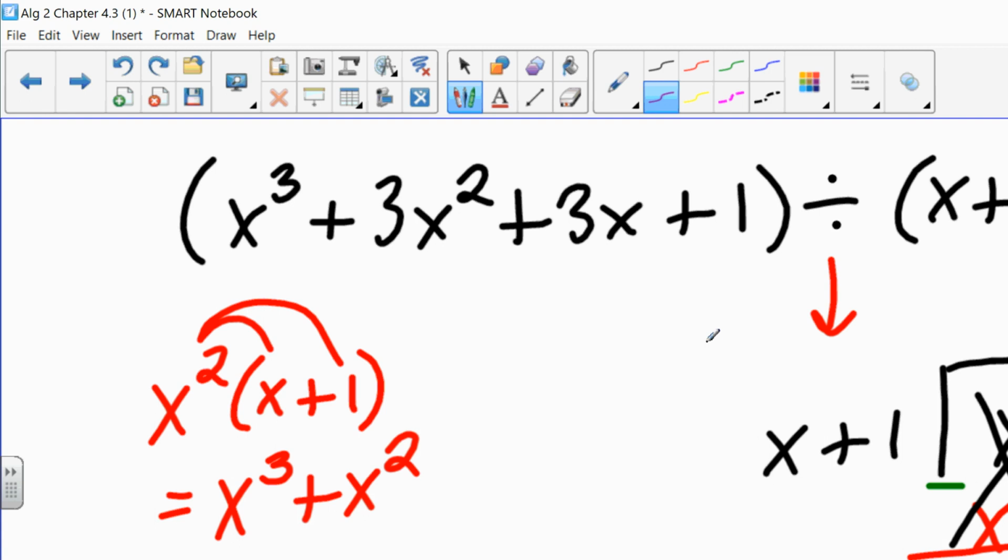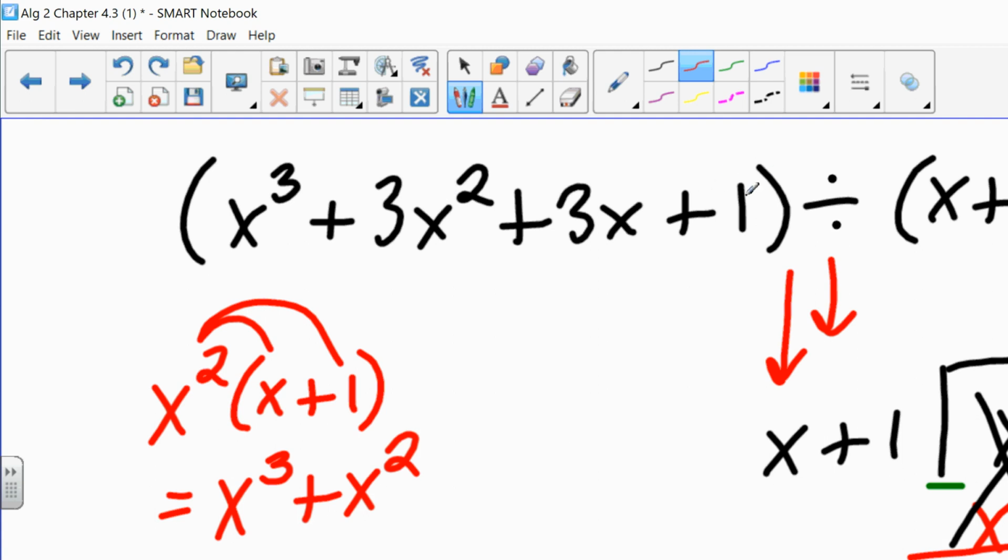Now we're going to do that again. Because now we don't want to eliminate x cubed. X cubed is gone. Now we're wanting to eliminate what? 2x squared. So what we need to see is what times x will give me 2x squared plus 2x, a positive 2x.